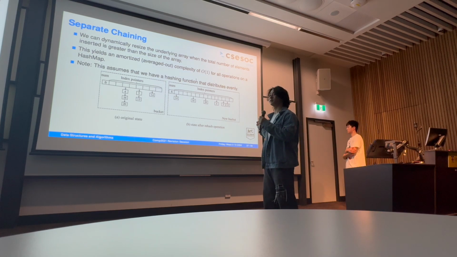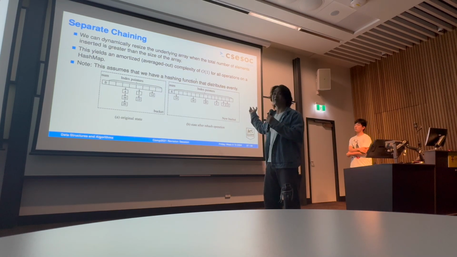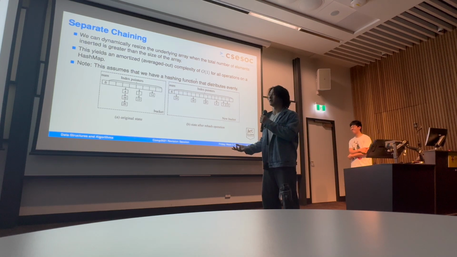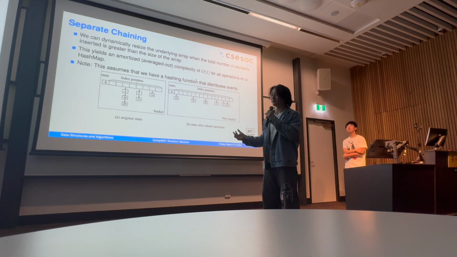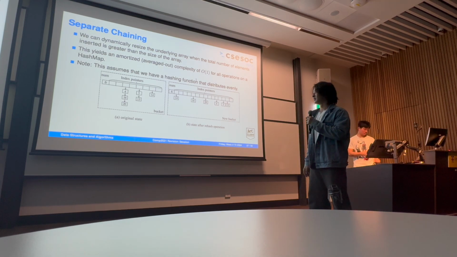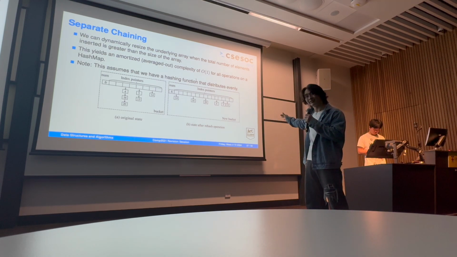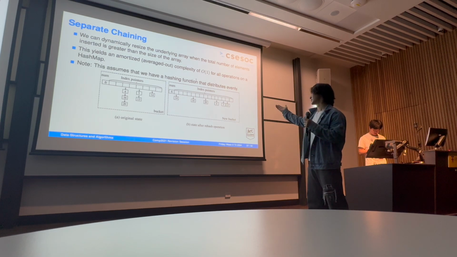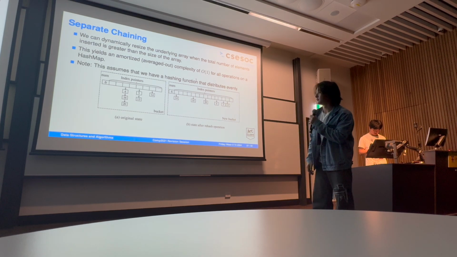If I increase it, I have more slots to put values into. If I have a uniform distribution of inserted numbers, then it'll be pretty evenly distributed. So this assumes that we have a hashing function that distributes evenly.